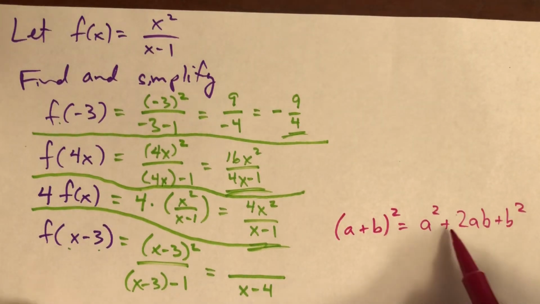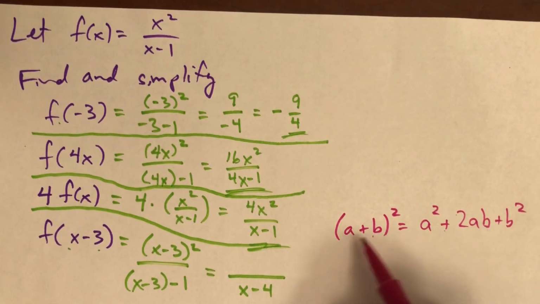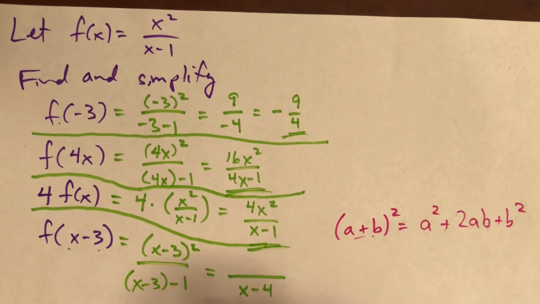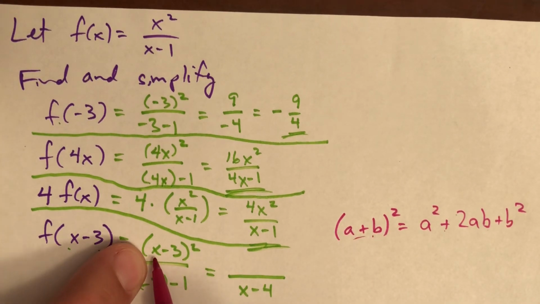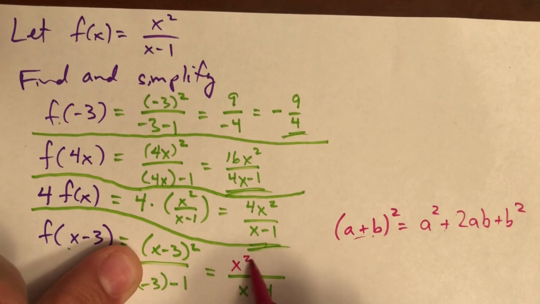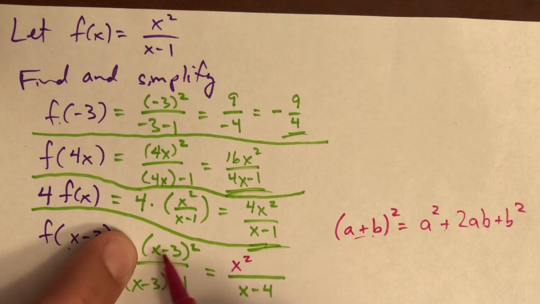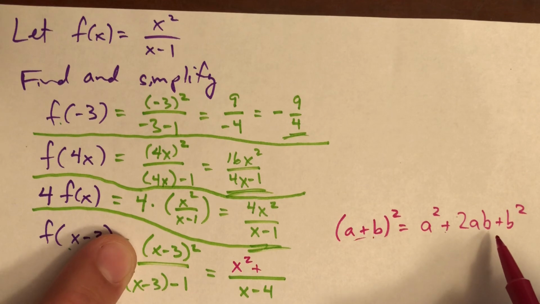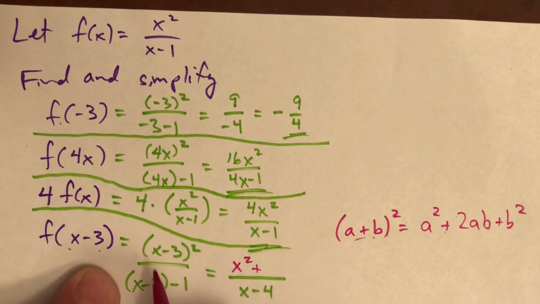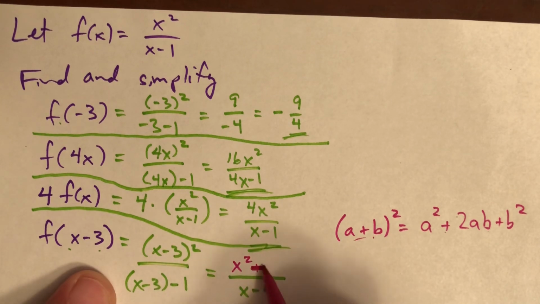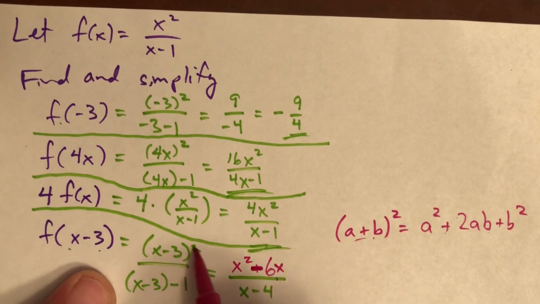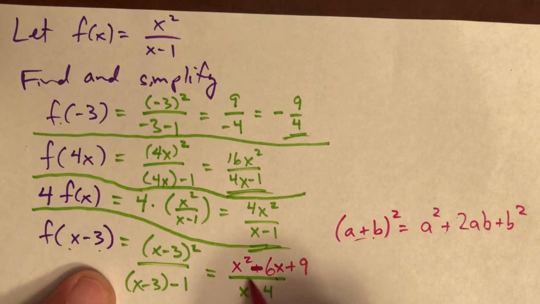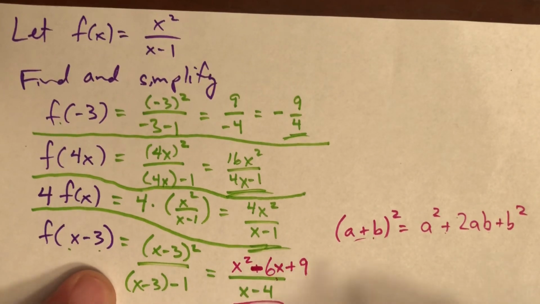We've got the first thing squared, plus 2 times the product of both of the things, and then the second thing squared. So we square the first thing, that's x squared. Then we have plus 2 times x times negative 3, so that's going to be negative 6x. And we've got that guy squared, so that's plus 9. All right, and we are done.